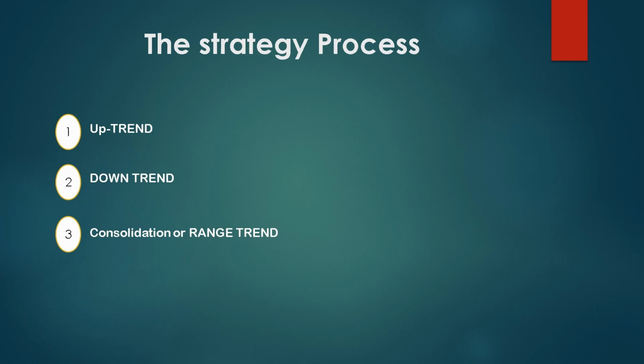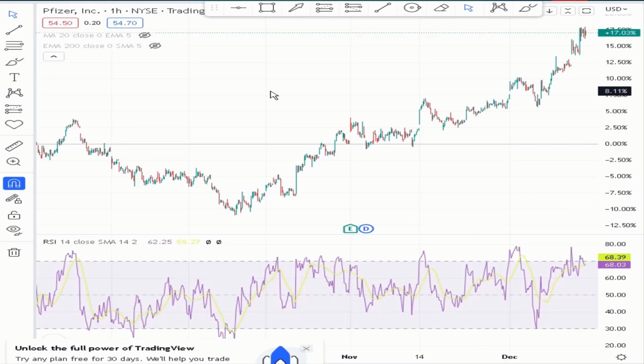If you're not familiar with this concept, don't worry, I will explain it one by one, and hopefully it makes it easier for you guys to understand. Here is the concept of uptrend. So here is what I call uptrend.